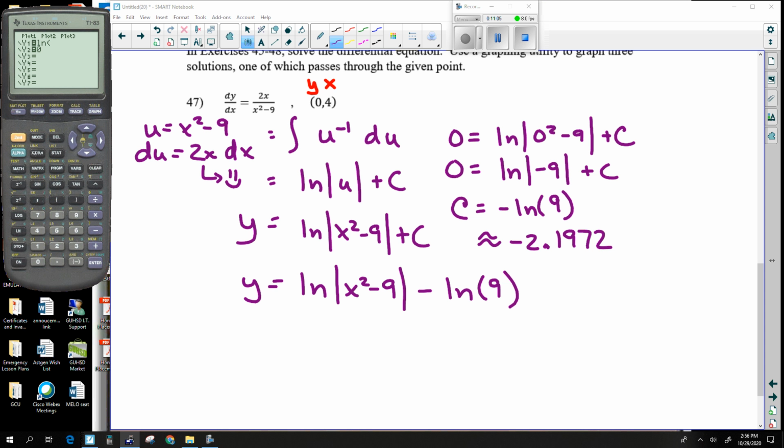So the ln of x squared minus 9, ooh, that's an absolute value, I'm sorry. Let me start this all over. So I got the ln of the absolute value of x squared minus 9, close the absolute value, close the ln minus ln of 9. Let's just see if this ticks.